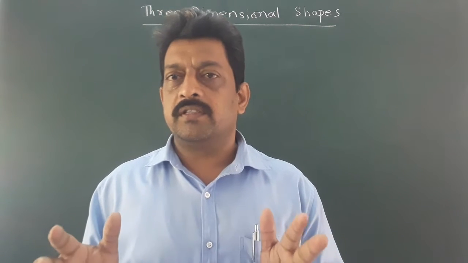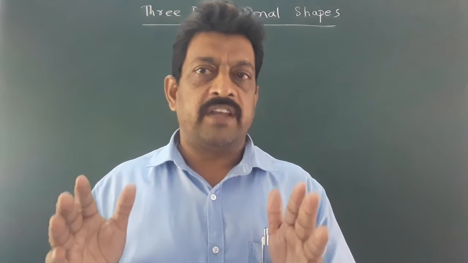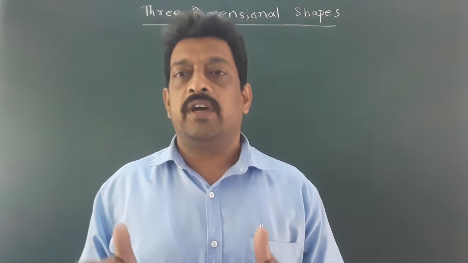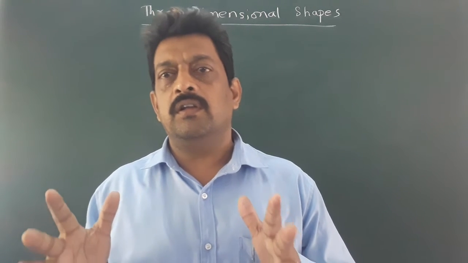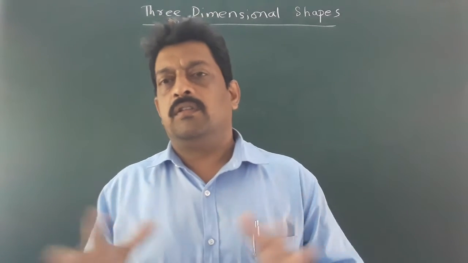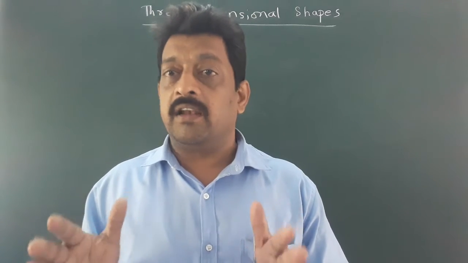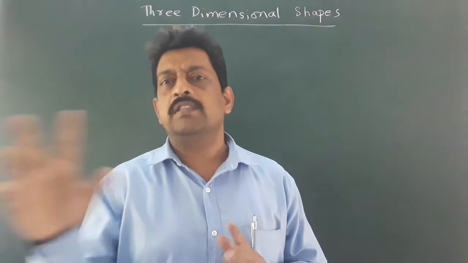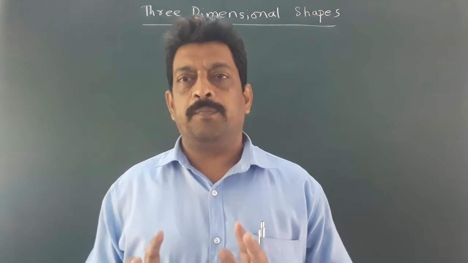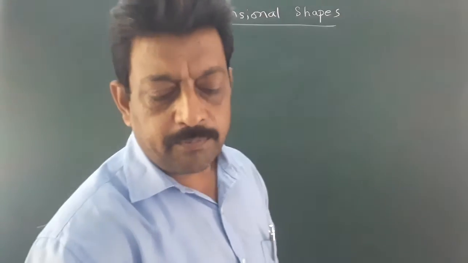Means the faces can be triangle, square, pentagon, hexagon, octagon, heptagon. They are parallel, and all the side faces are rectangles. Okay, so I am going to show you one example.